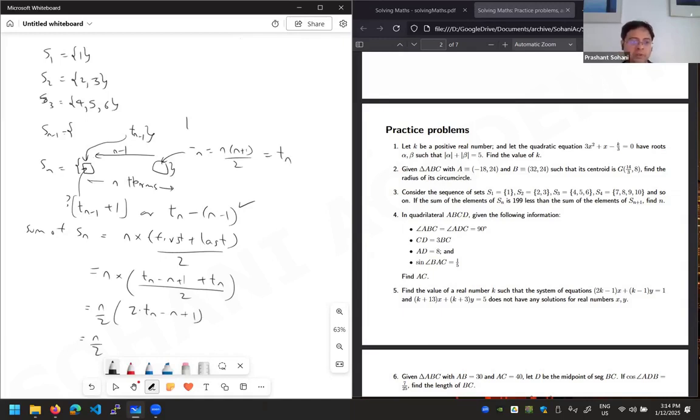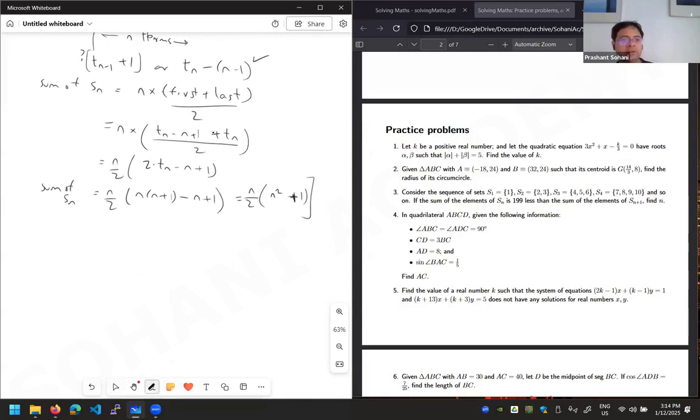So therefore, I'm going to get... okay, and if I expand the bracket, I'm going to get n square plus n minus n will cancel, so it will be n square plus 1. Okay, so the sum of the terms of Sn is given by this formula, n by 2 into n square plus 1.